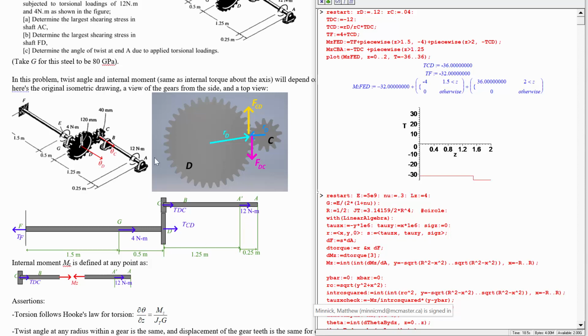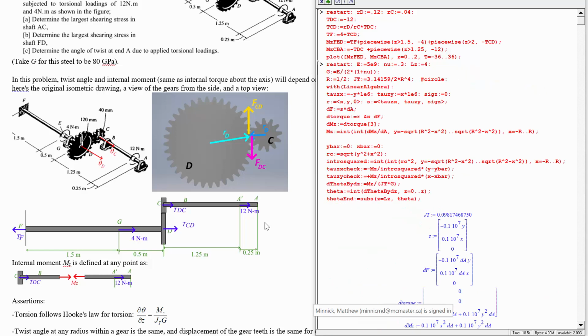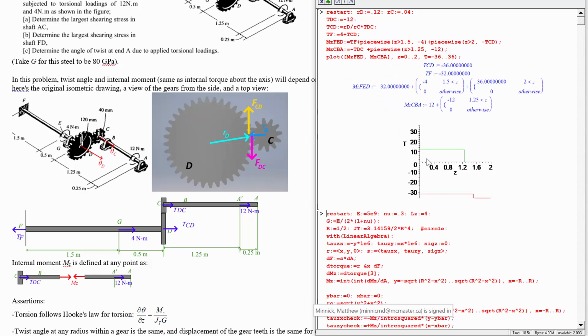That's this distance over there. Negative 12. And then we should have it going back down to 0 after that. So let's make a plot of not just MZ FED, but MZ CBA. And we've got it at 12, and then dropping down to 0 after we pass that point 1.25.